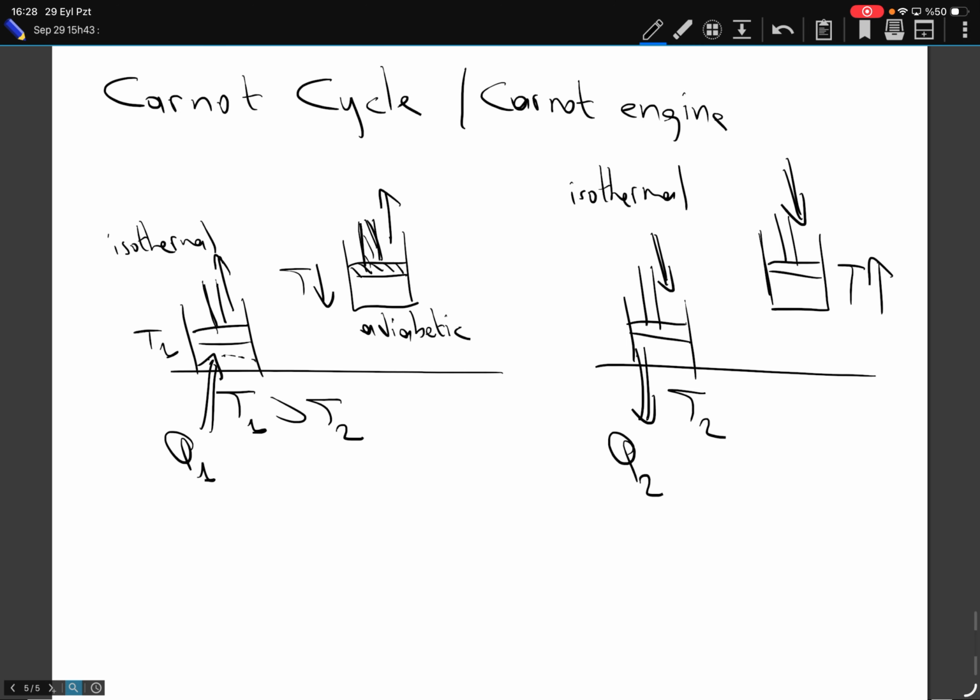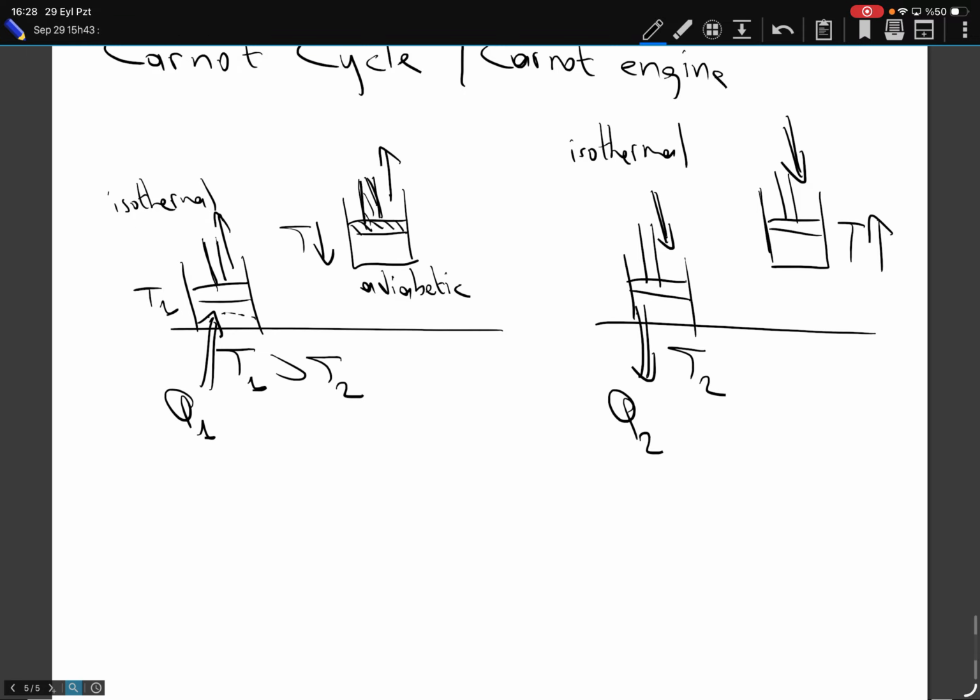Now this is a cyclic process. At the end of every cycle, my piston comes back to its initial state. All the macroscopic properties are the same. During this process, it took a Q1 amount of heat from the hot reservoir.